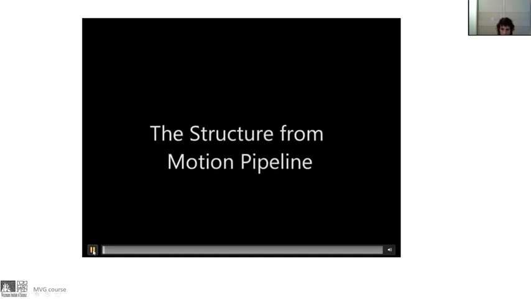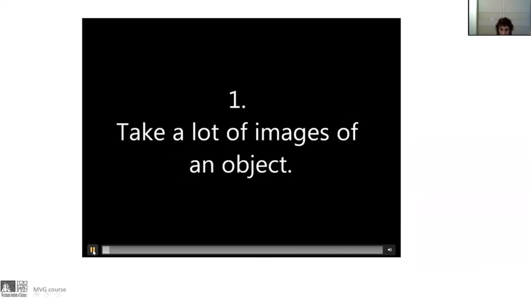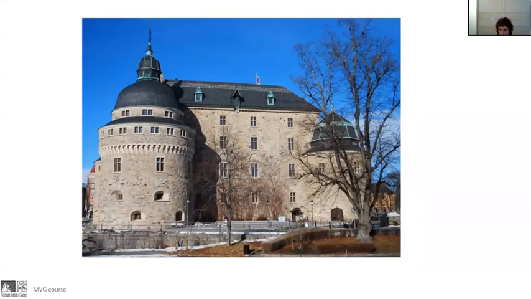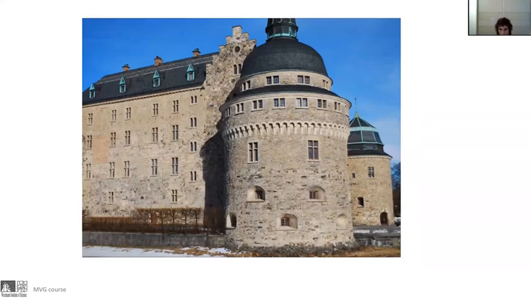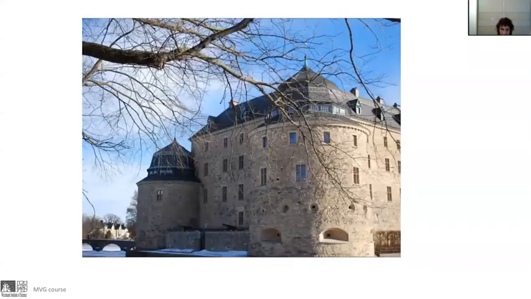I would like you to see the movie by Carl Olson showing the pipeline of structure from motion. I think it's very nice to look at it without sound. First, you take many images of some static scene, like what you see here.